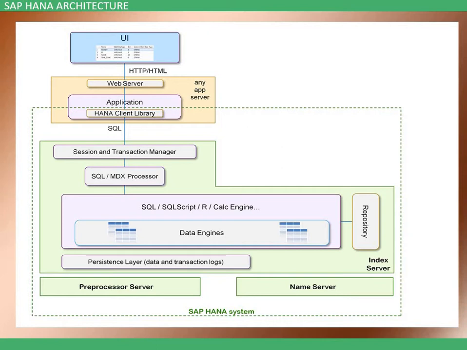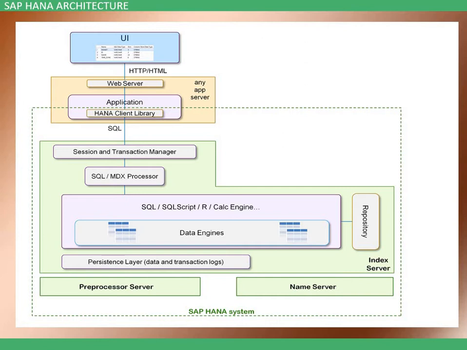SAP start services are responsible for starting and stopping the services in the correct order. The access engine application server is for native SAP HANA based web applications, which is inbuilt into SAP HANA.